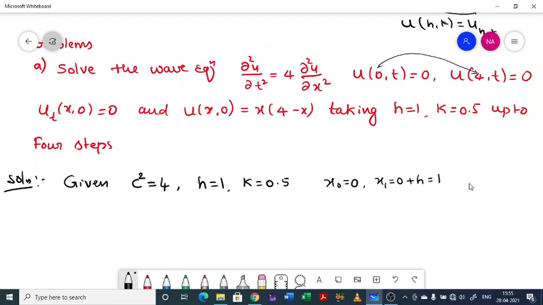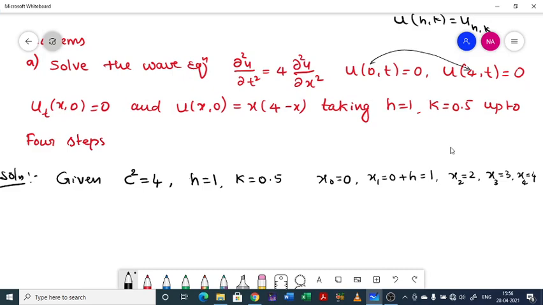So x1 is 1. x2 means x naught plus 2h, so x2 will be 2. x3 will be 3. x4 will be 4.